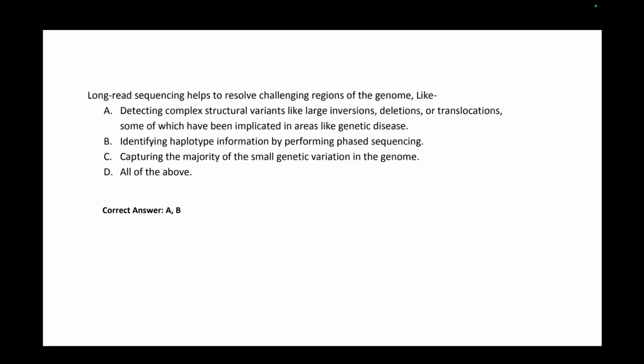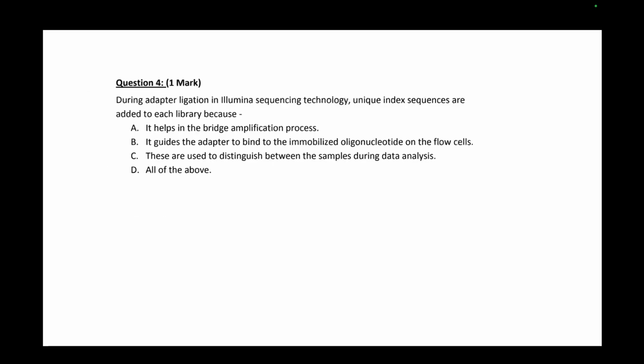So a single variant will be much better supported in small reads, and it'll give you much more confidence to report in small reads than in large reads. But using long read sequencing, you'll find papers and different kinds of studies that have also identified small variations. That is doable, and long read sequencing does quite fine, but the ideal way to go would be a short read technology like Illumina. So here the correct answer will be A and B. D is not the correct answer. Okay. Next, moving on.